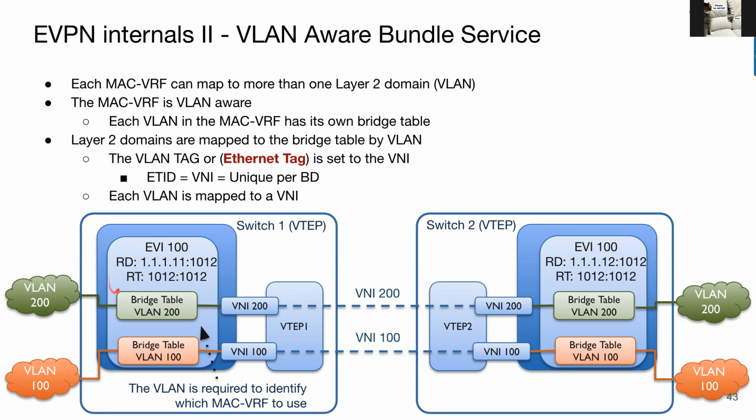So you'll notice here that when we look at the EVPN instance, which is just the MAC-VRF or the IP-VRF, now we have multiple bridge tables within this one instance. And we're going to be tagging this traffic to keep it separate with this Ethernet tag ID.